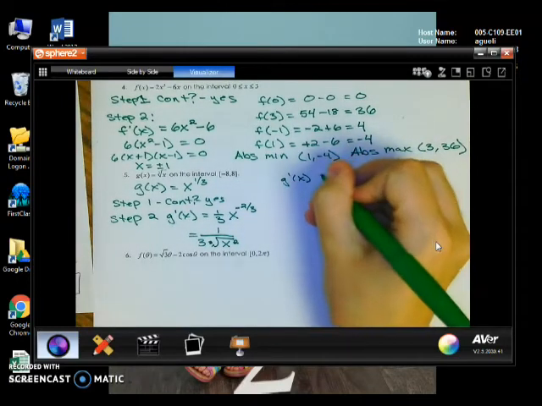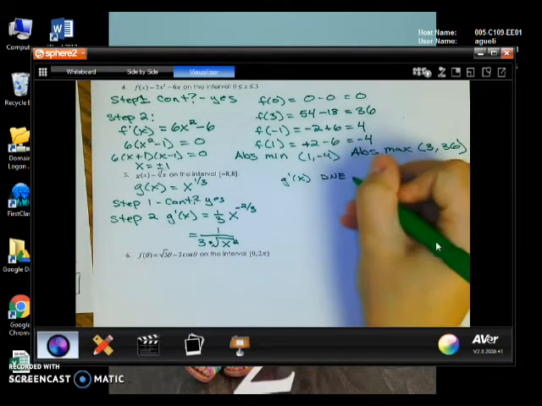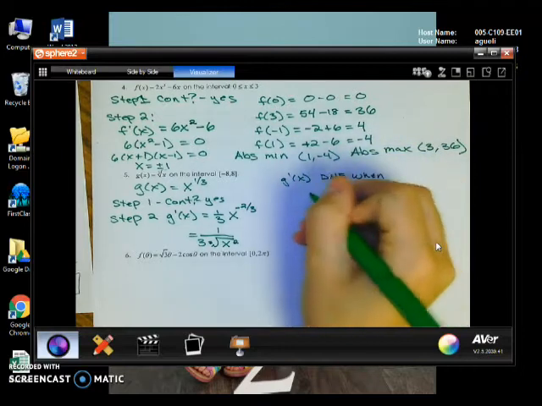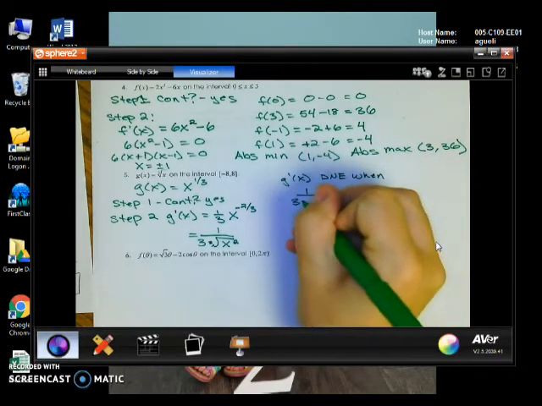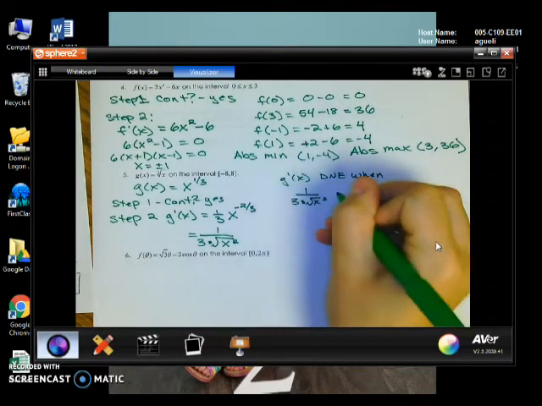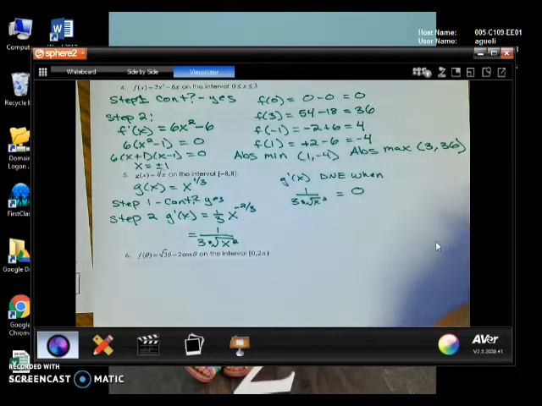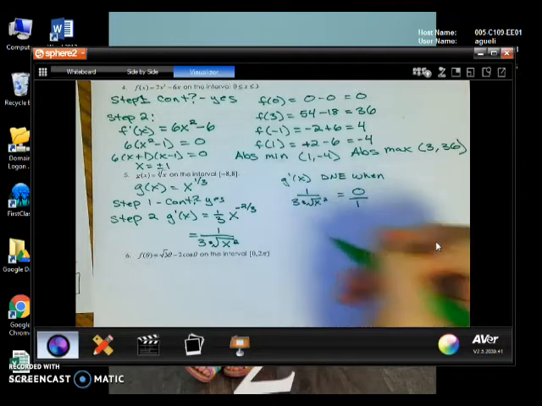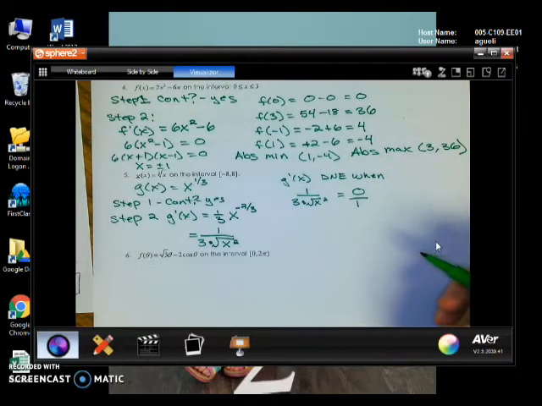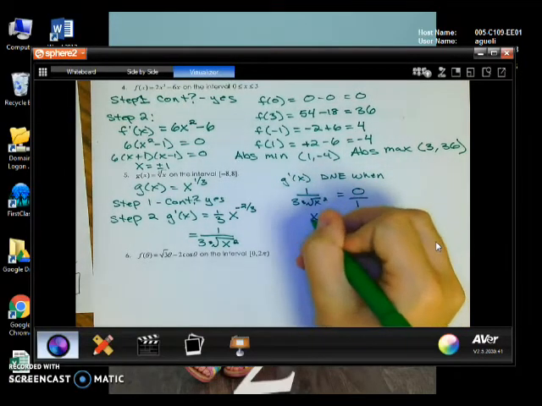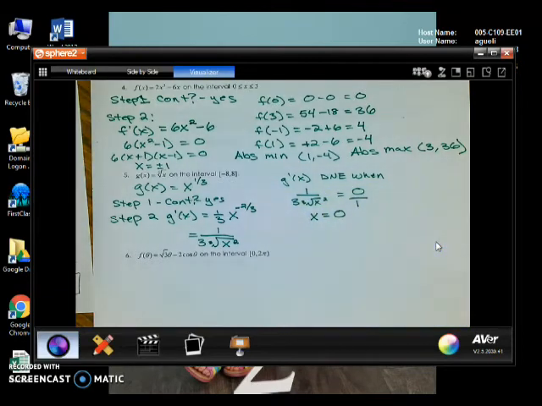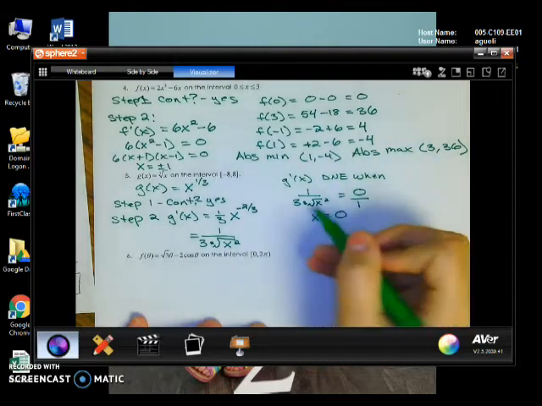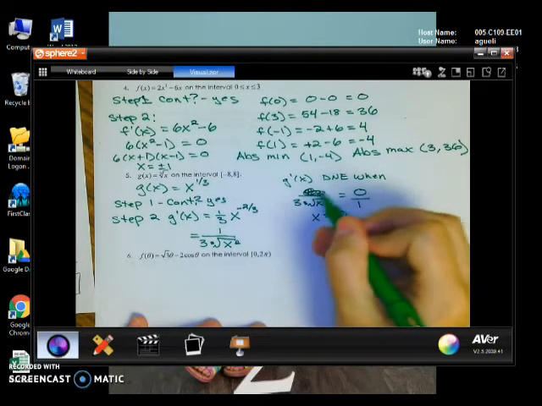So the derivative does not exist when the 3 cube root of x squared equals 0, that's a problem. I'm sorry, I said it's where this equals 0, so I shouldn't have done 1 over this.